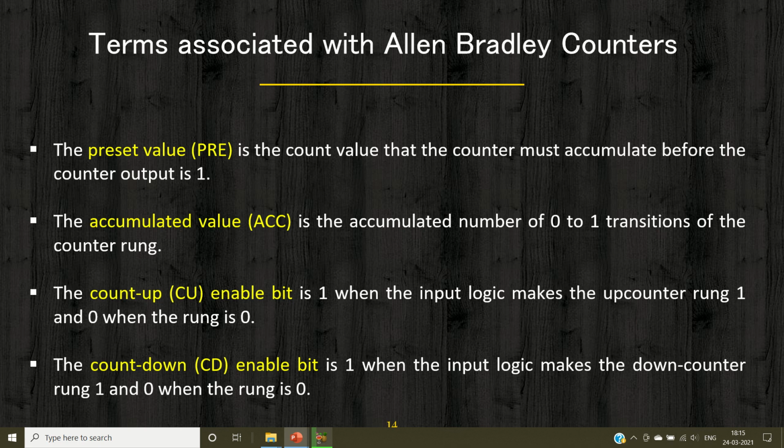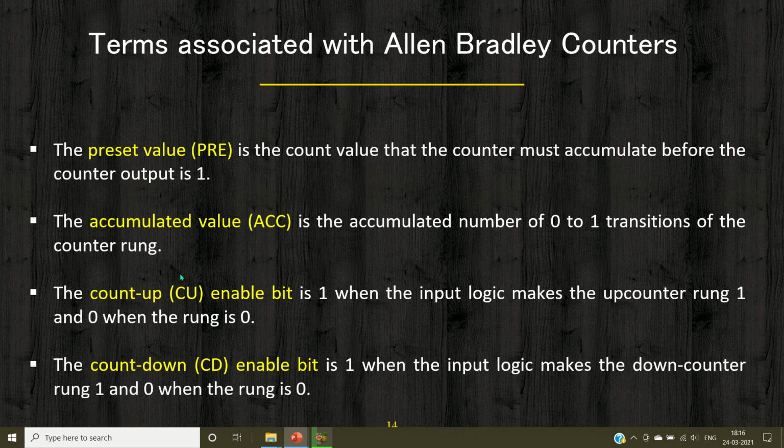Here you need to remember, although we are giving a complete pulse at the input, the counter actually counts the number of transitions from 0 to 1. How many transitions have actually taken place, which ultimately gives the number of counts, is given at the accumulator. It is the role of the accumulator to count that value. So this is denoted as ACC.